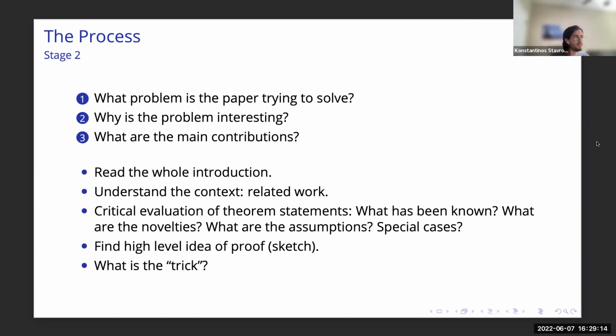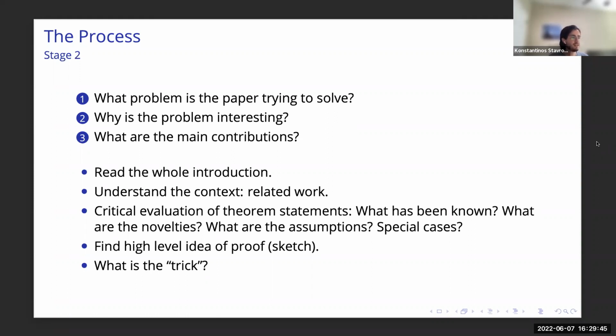So really, at the end of this stage, maybe one could try to find this driving force, this trick that the paper is based on, just at a very, very high level, without any detail. Just, okay, so what they're doing is they had this idea. And one can find that in the introduction and such parts, typically.